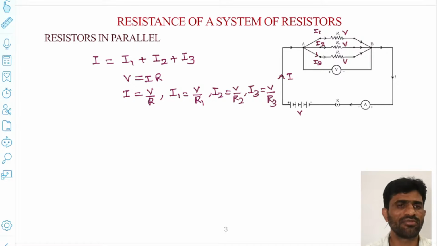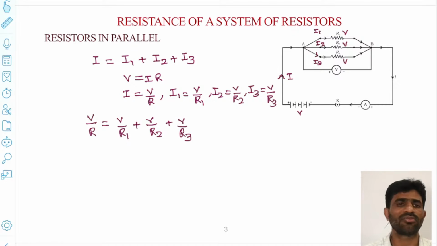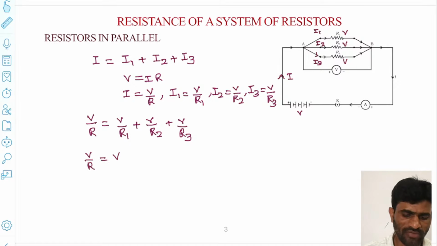Now these values V by R1, V by R2, V by R3 we will substitute in the formula, so that we get V by R is equal to V by R1 plus V by R2 plus V by R3. We can take V common, so V by R is equal to V times 1 by R1 plus 1 by R2 plus 1 by R3.